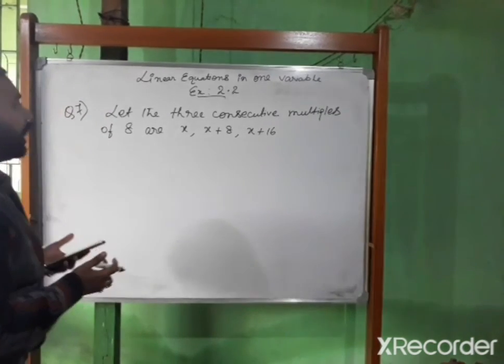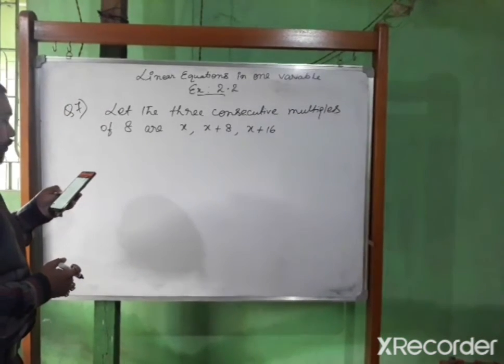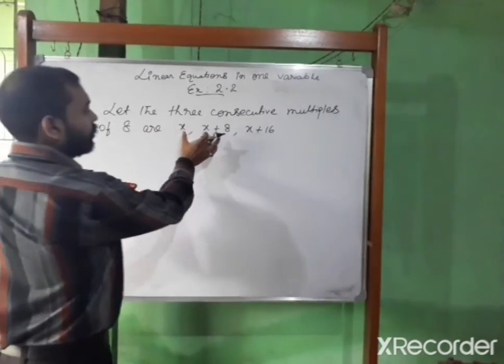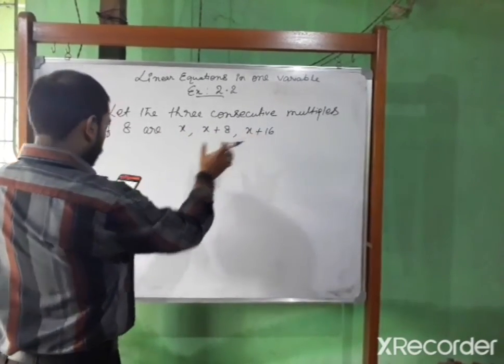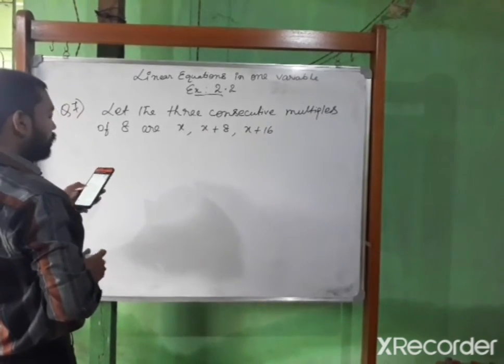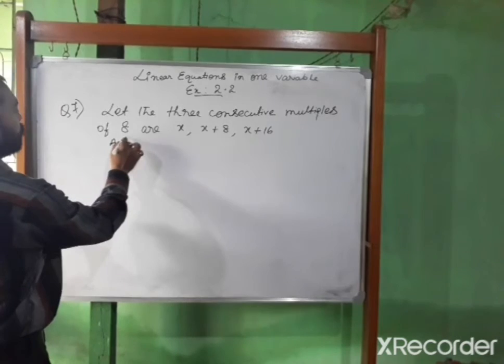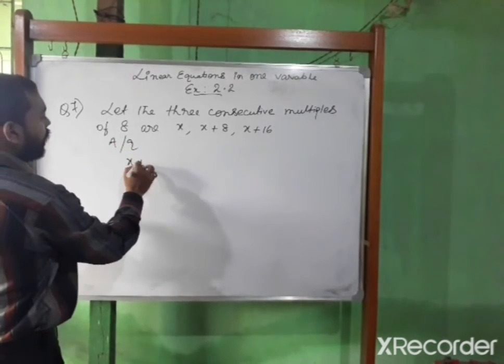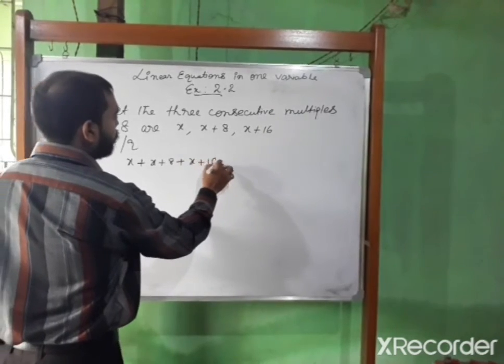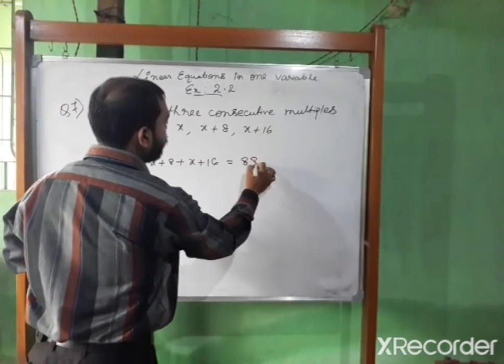Now in the question it is given that the sum of these three consecutive multiples of 8 is 888. So according to the question, x plus x plus 8 plus x plus 16 is equal to 888.